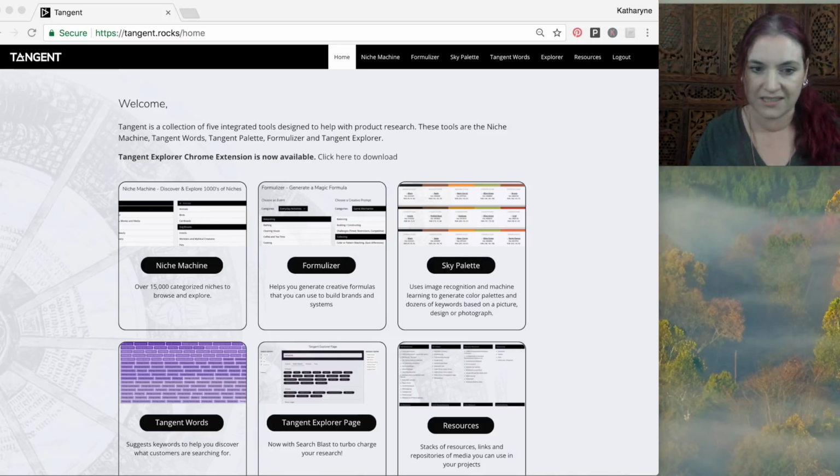It covers keywords, niches, color palettes, keyword ideas, product ideas, resources, and it includes the Tangent Explorer, which allows you to go and research public domain artworks, news articles, trends, and all kinds of information about anything you are interested in. So it's a very big system. It's easy to use, it's fun to use, but today we're going to focus on the Formulizer.